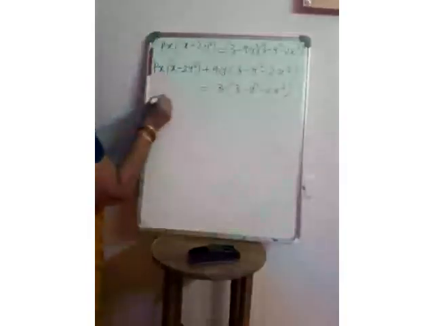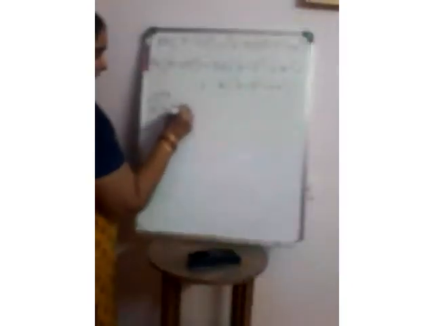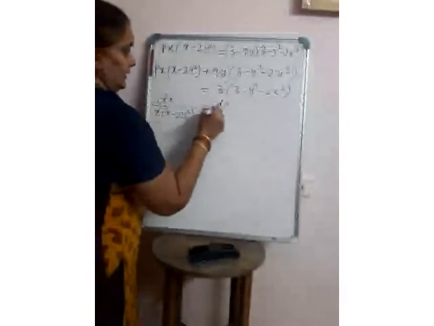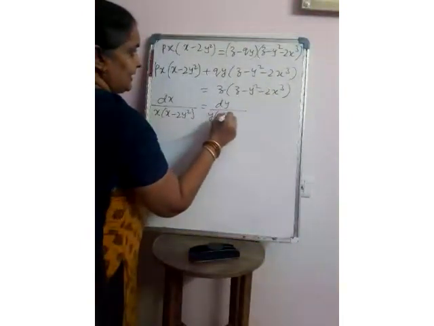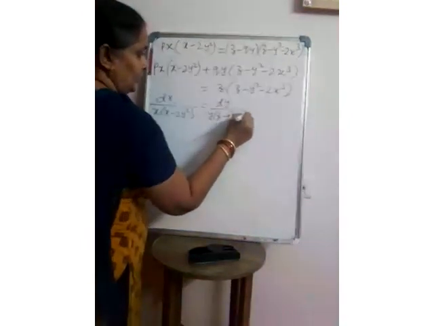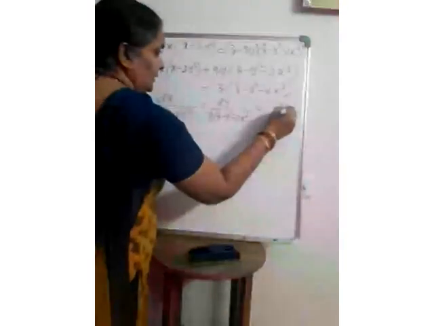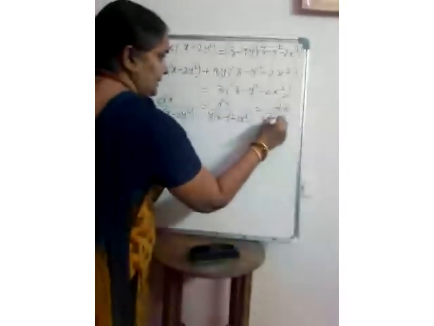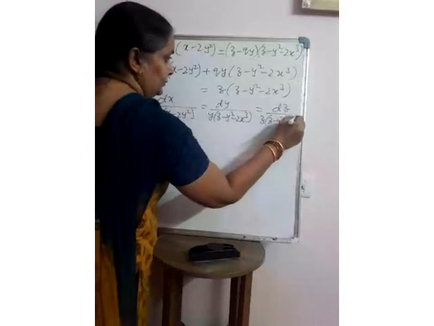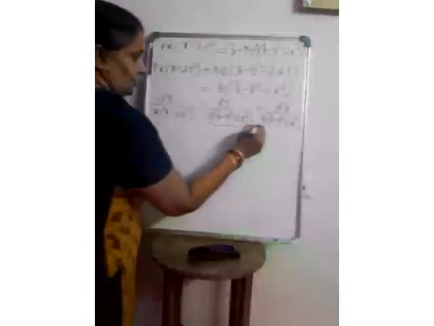So we write the subsidiary equations. dx by x(x minus 2y square) is equal to dy by y(z minus y square minus 2x cube) is equal to dz by z(z minus y square minus 2x cube). So I'll take these two combinations first.